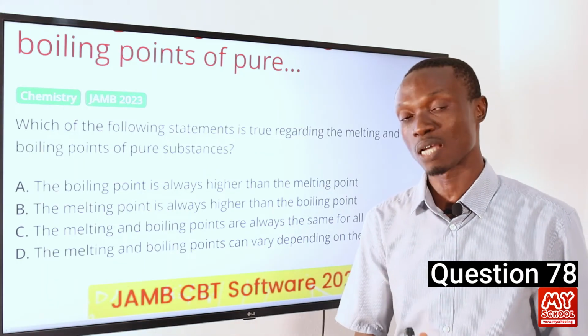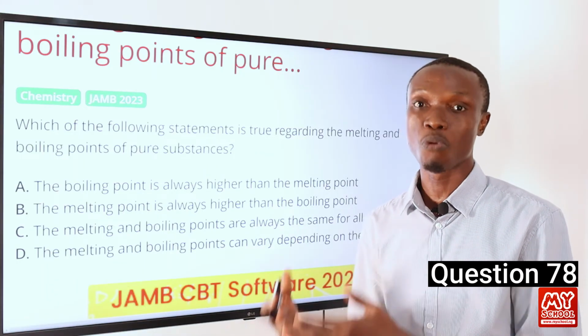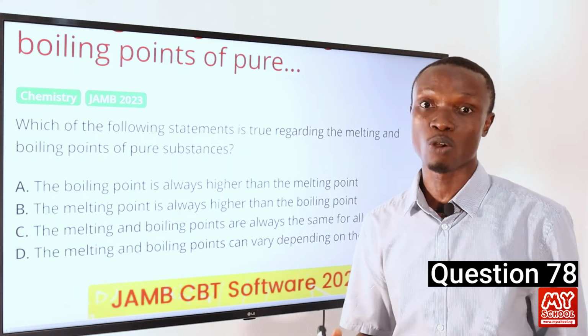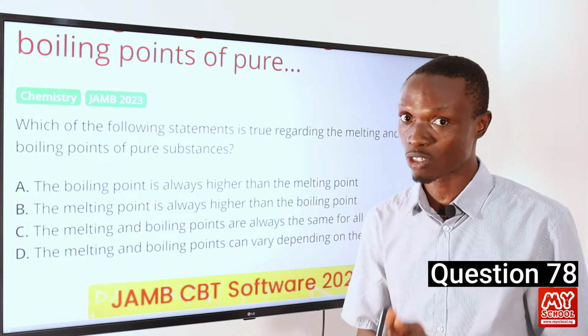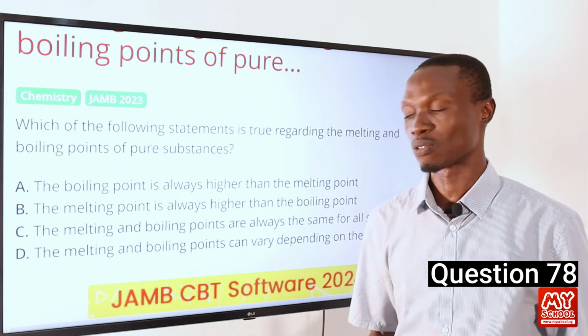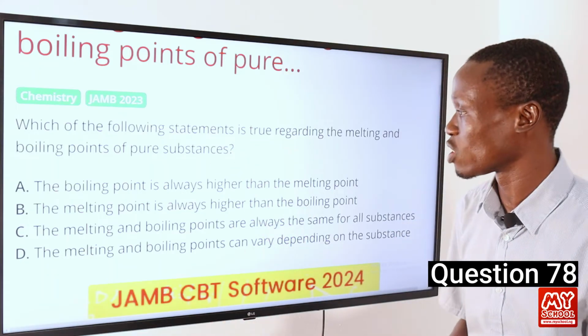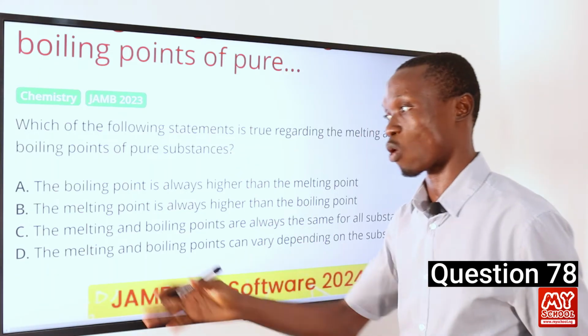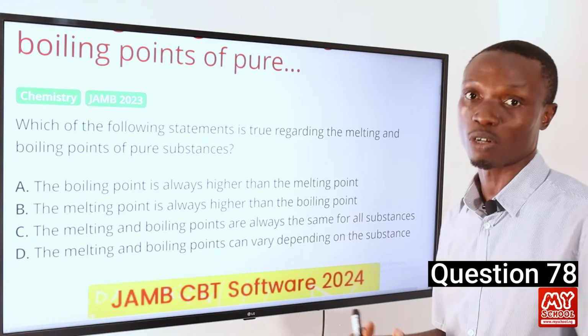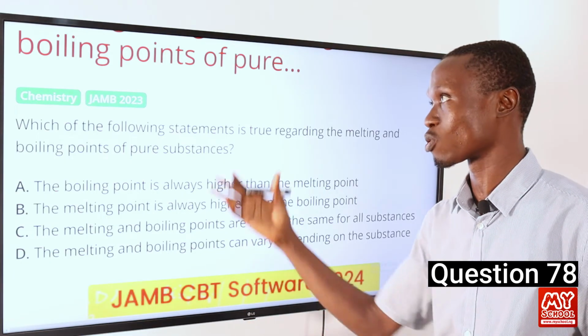So different substances have different boiling and melting points, and this depends on the strength of the intermolecular force and molecular structure of the substance. So the option to this question from what I have explained is option D. The melting and boiling point can vary depending on the substance. So the correct option to this question is option D.